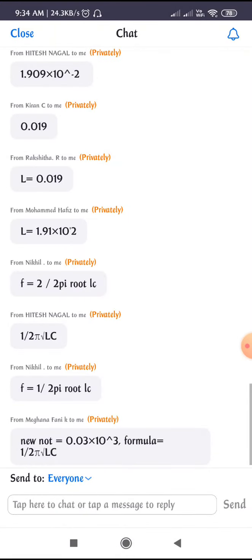So this is the given data. Just go through. Yes, Meghana.